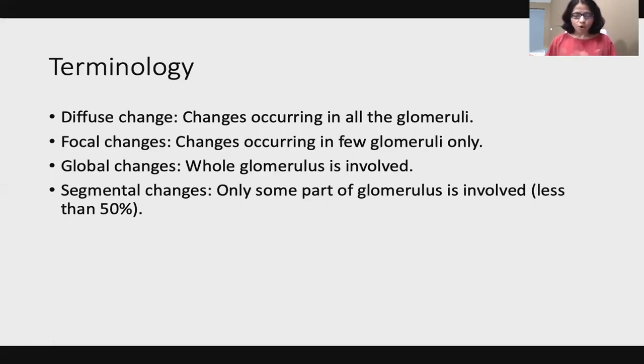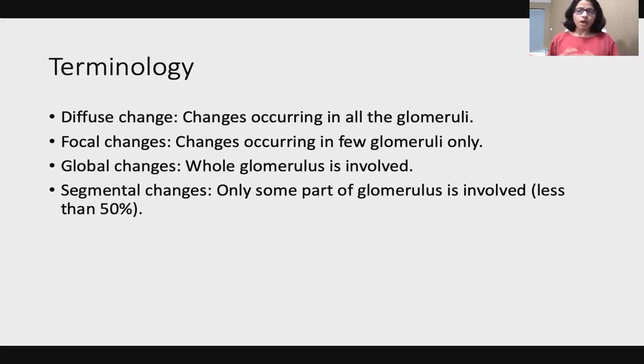Now, before we talk about pathology in the renal biopsy, you need to know that we will use certain terms. We'll use diffuse pattern. When I use the word diffuse, what I mean is most glomeruli or all glomeruli, or at least more than 50% of the glomeruli, are involved by the pathology. When I use the word focal, I mean that about 50% or less of the glomeruli are involved by the pathology.